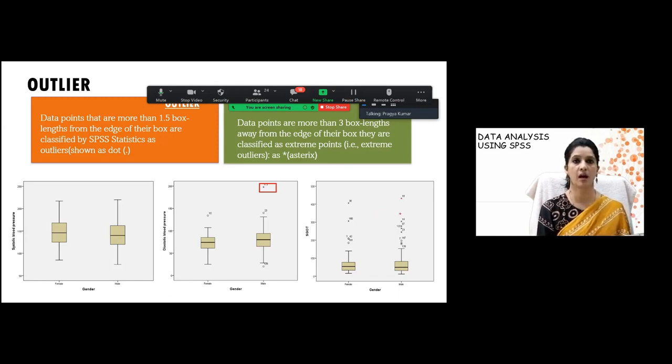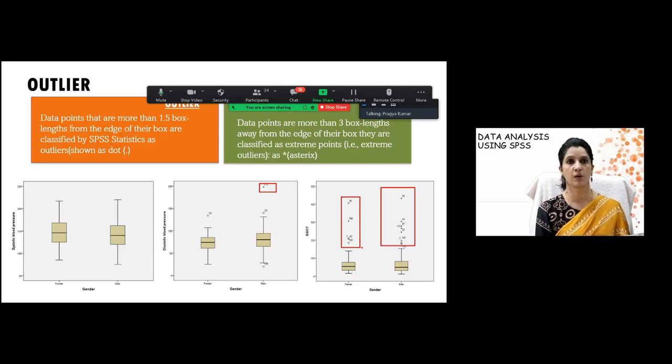All these stars and all these values form the outliers. Even if you see this, this is also an outlier, right?